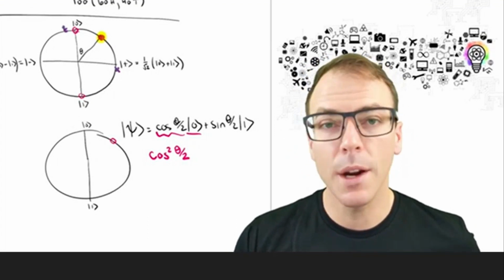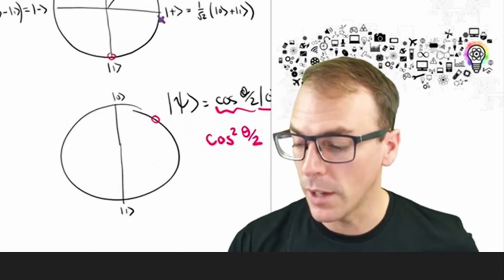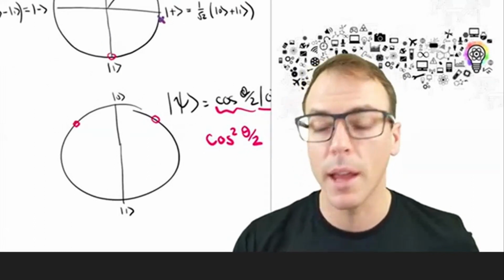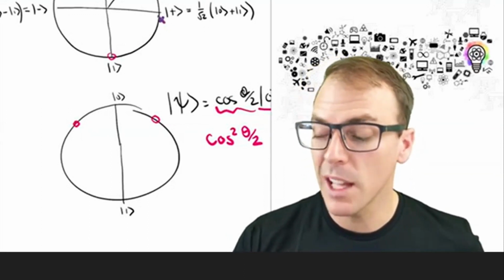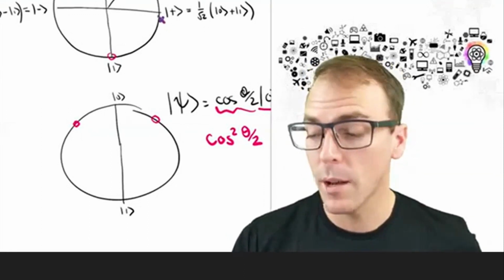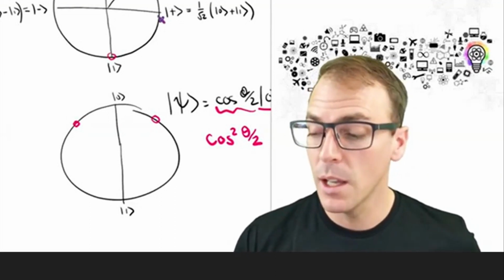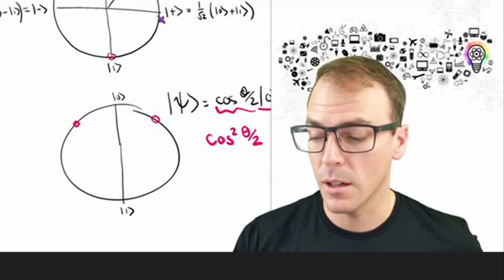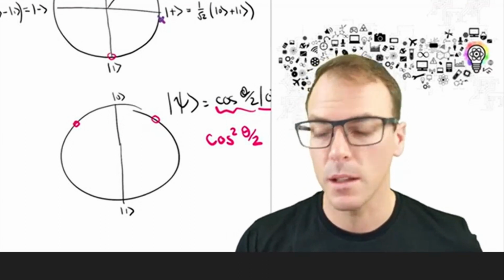But because of the square, I have 2 different values of theta that are consistent with whatever number that ends up being. When I perform a measurement, I get the distance to that particular state. If I measure 0 and 1, I get a number that tells me the distance to the 0 state, or equivalently the distance to the 1 state.